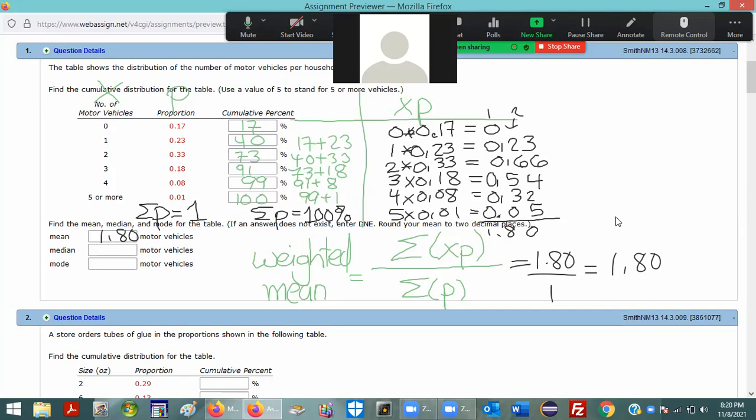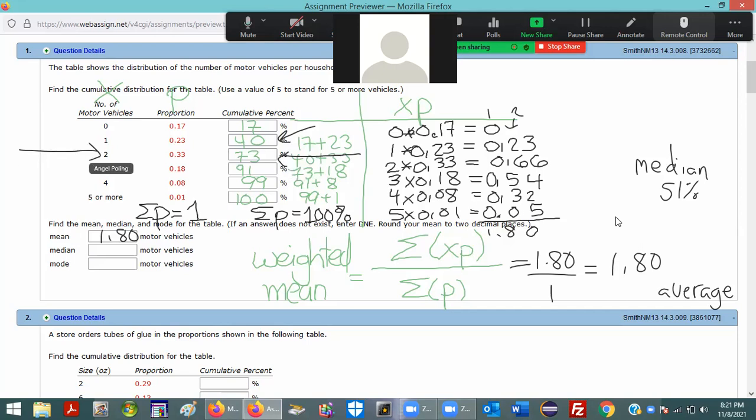Your median is the halfway mark, right? The weighted mean is your average. The median is where you hit the 51st entry, right? And so it is after we've collected 40 in this row here where the 51st entry will be.